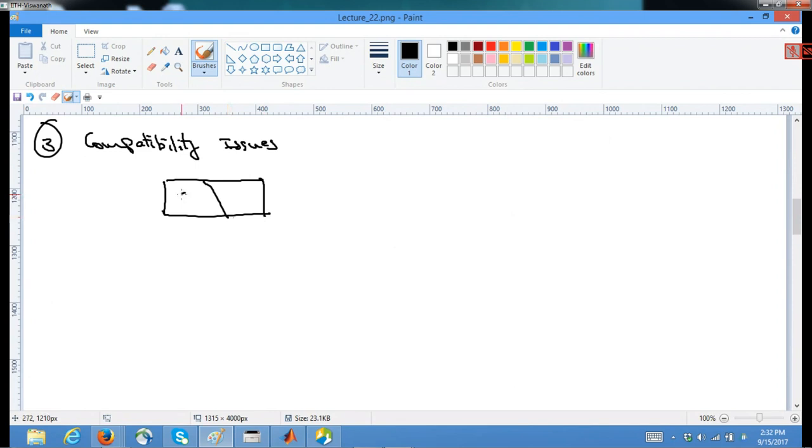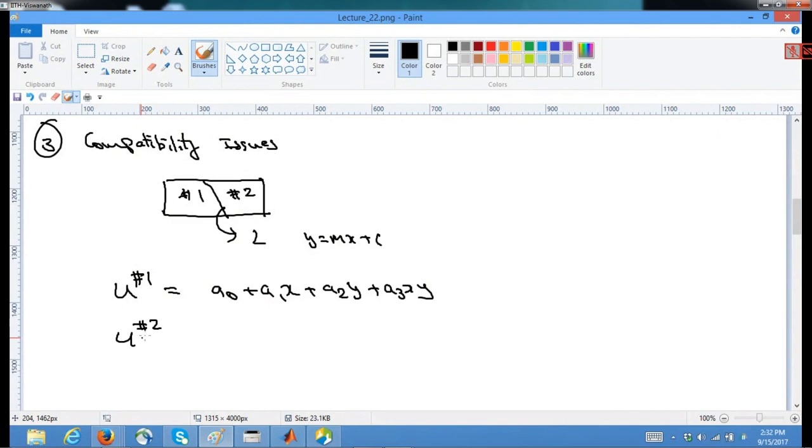two elements, this is element 1, element 2, the equation of this line is y = mx + c. So you have come up with an estimation for element 1, which is a0 + a1x + a2y + a3xy, and for element 2 is b0 + b1x + b2y + b3xy.